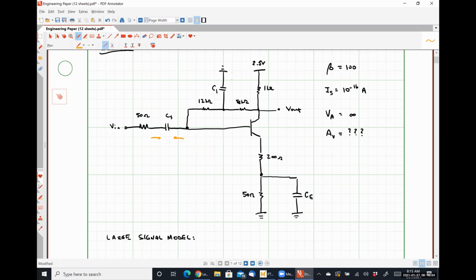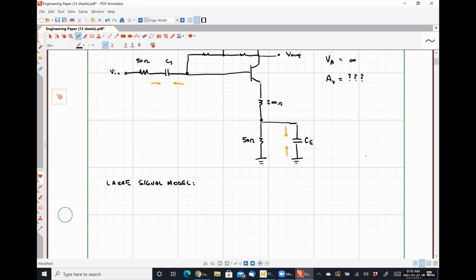If we open circuit this guy, that's putting that 12 kilo ohm resistor and that 8 kilo ohm resistor in series. And if we open circuit this guy, that's putting that 200 ohm resistor and that 50 ohm resistor in series. So we could redraw our circuit as follows.